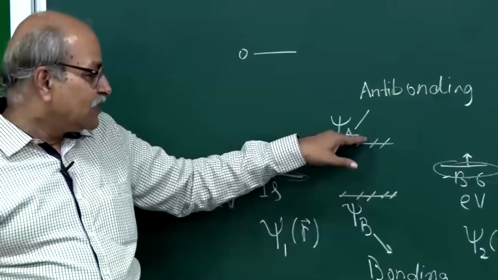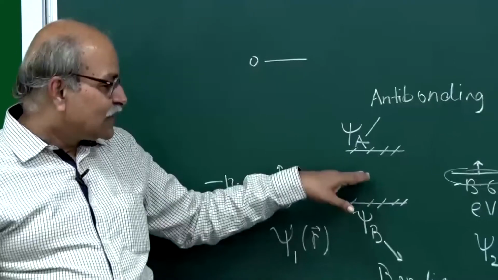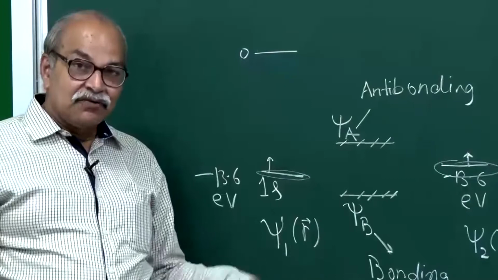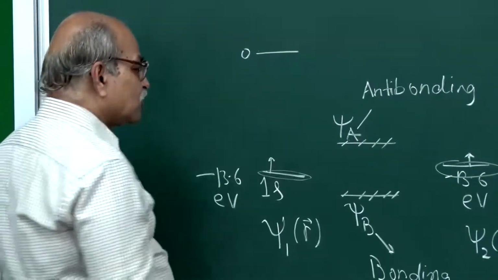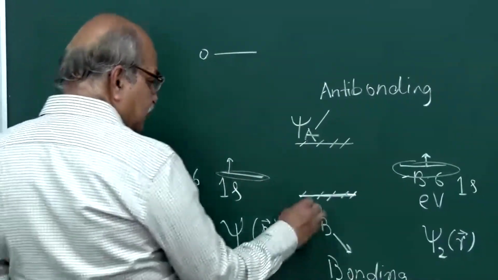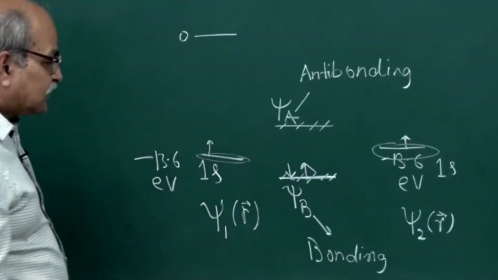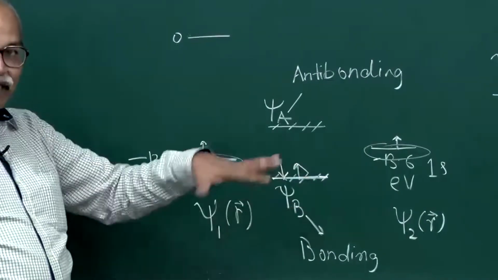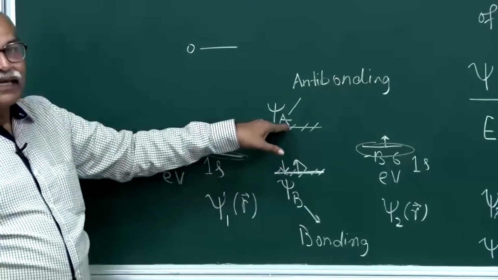One is this anti-bonding where the energy has gone up, and one is this bonding where the energy has gone down. And therefore, in ground state, to minimize the energy, both the electrons will be in this state. One spin down, one spin up, that means plus half and minus half, so that the Pauli exclusion principle is respected, and these two are empty.